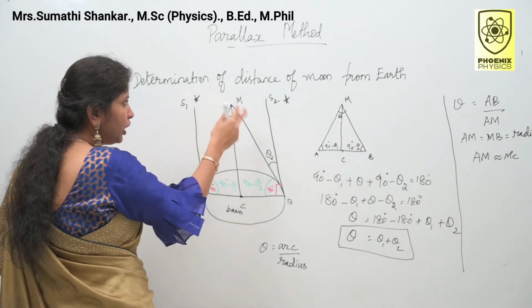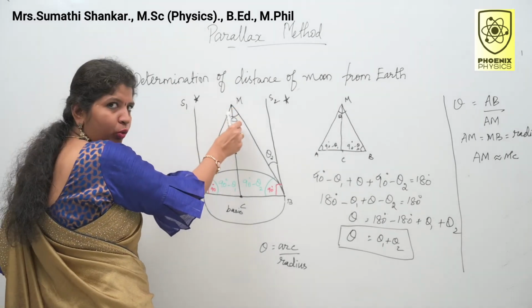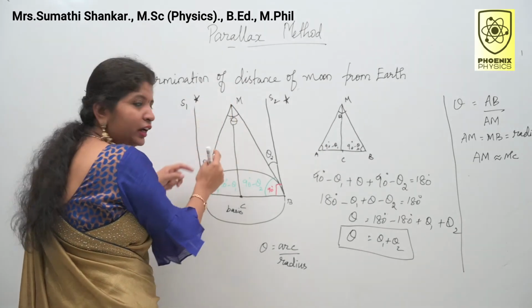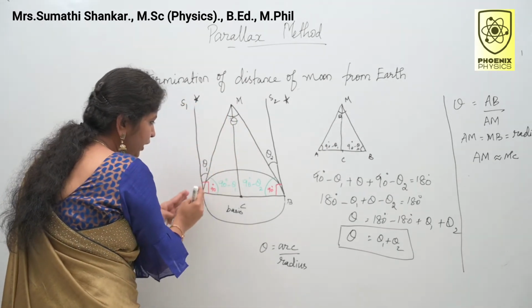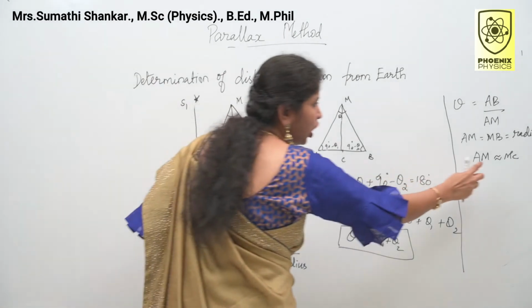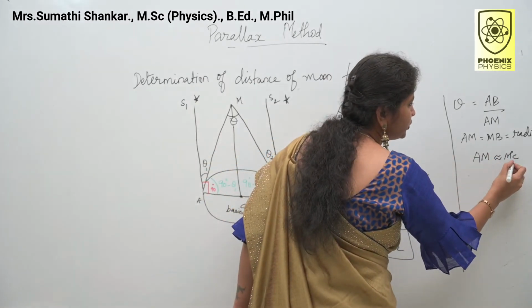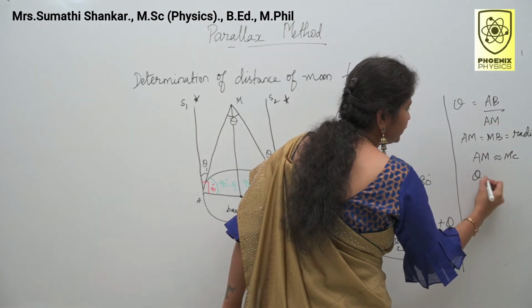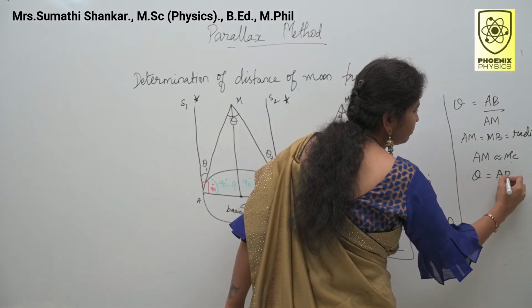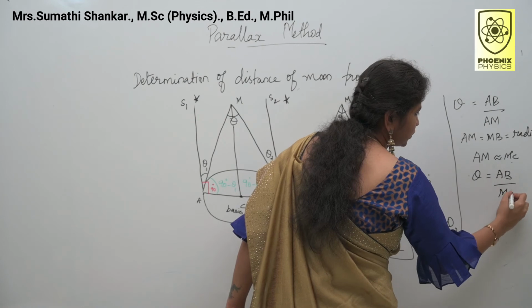So when theta is very small, we can take AM approximately equal to MC. So substitute this MC here. So theta is equal to AB by MC.